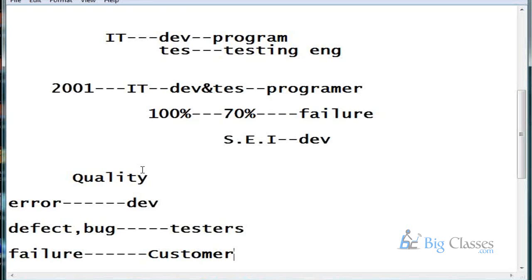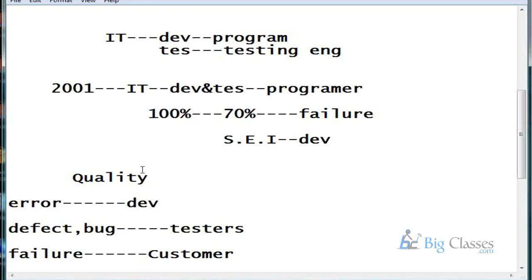Tester: if the expected value is not equal to the actual value, it is called defect or bug. Customer: during utilization, if the customer faces any problem, the problem is called failure.